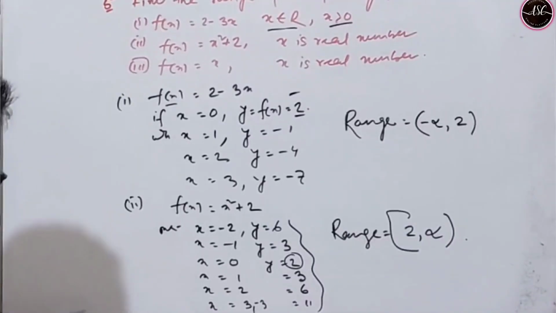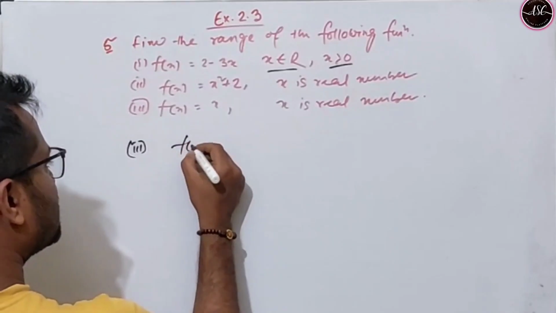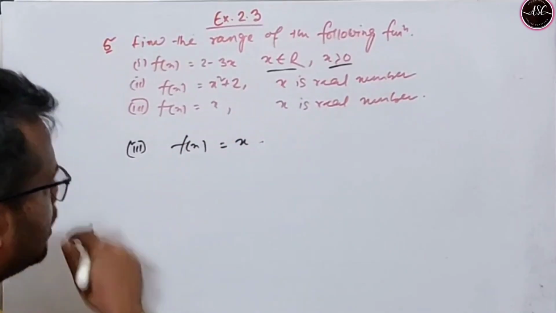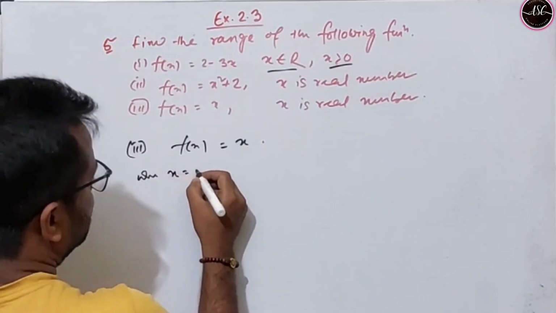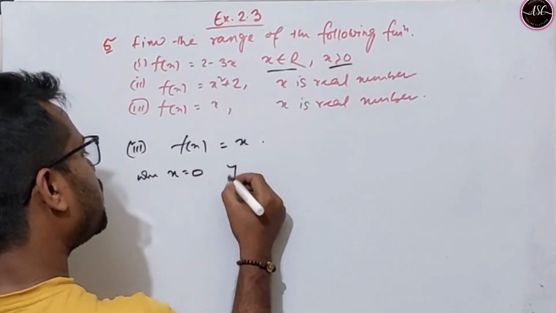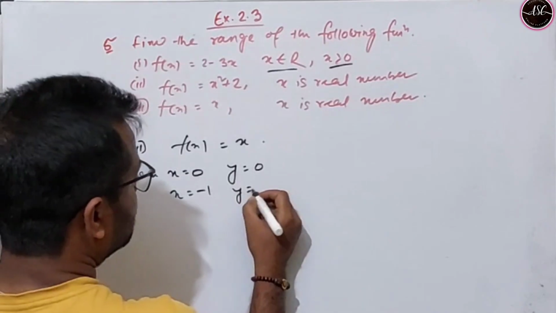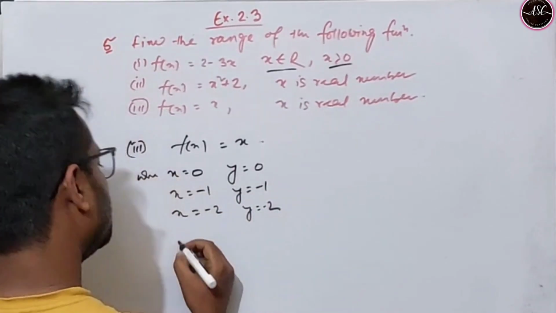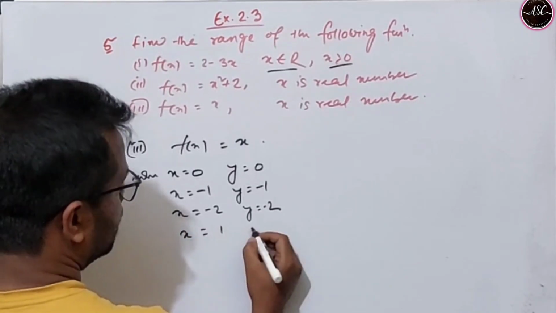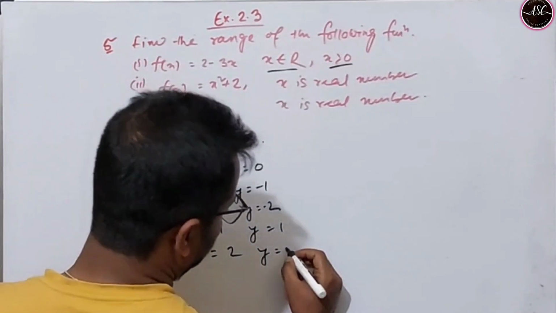Okay, now question number 3. f(x) equal to x. Okay, now putting x equal to 0, y equal to 0, x equal to minus 1, y equal to minus 1, x equal to minus 2, y equal to minus 2, x equal to 1, y equal to 1, x equal to 2, y equal to 2.